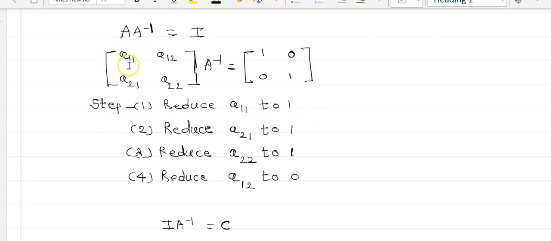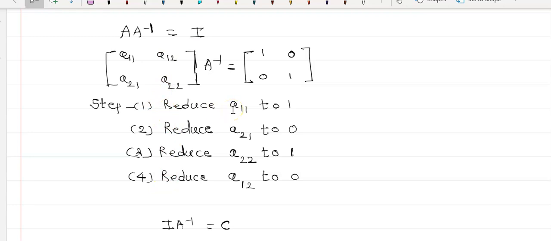If it is already 1, then it is not necessary. Then reduce A21 to 0, and the next step is reduce A22 to 1 and then reduce A12 to 0. If they are already present, then it is not necessary, but follow these steps.